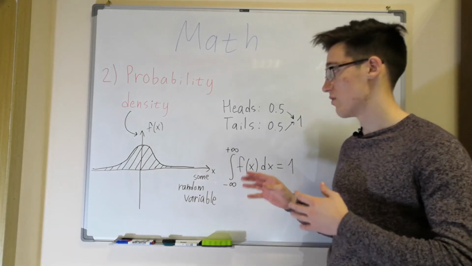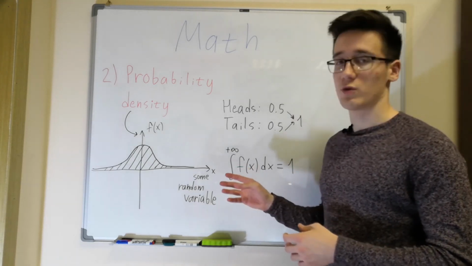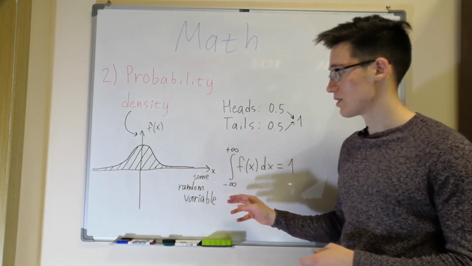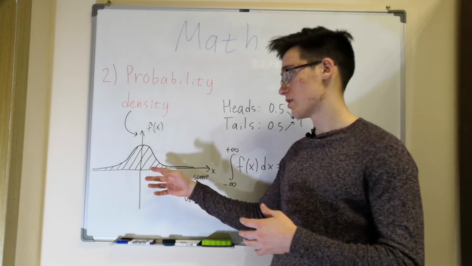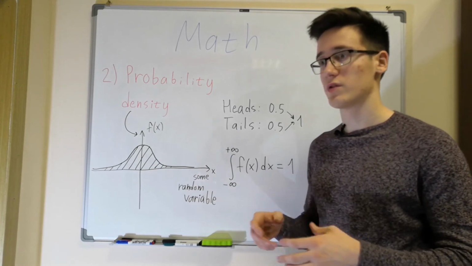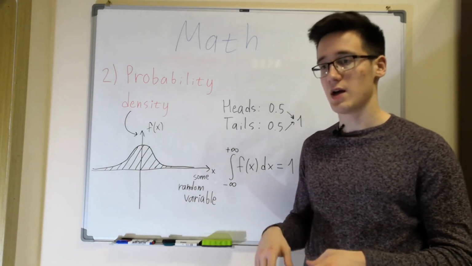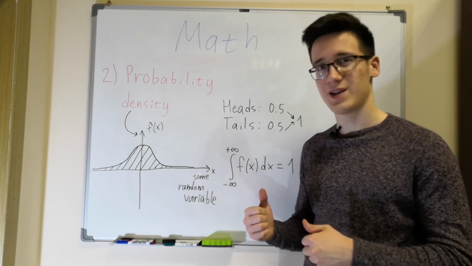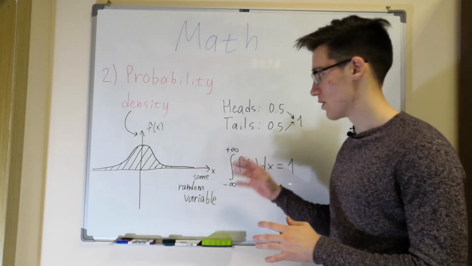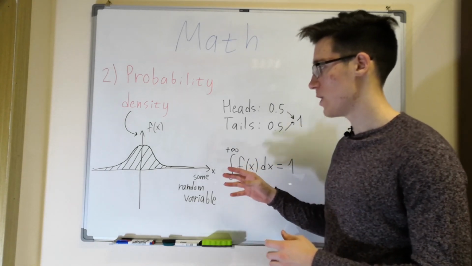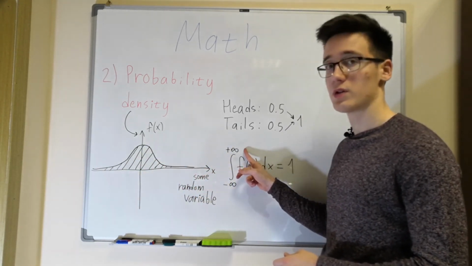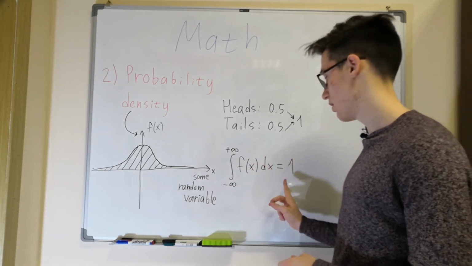So for these variables we define a function which is called the probability density. So the probability density is a function which sort of represents the probability across all the values, and it is possible to define such a function because we get it by differentiating another function, and we won't get into details here, but you gotta bear in mind that if we integrate this function from minus infinity to plus infinity, we will still get the total probability of 1.